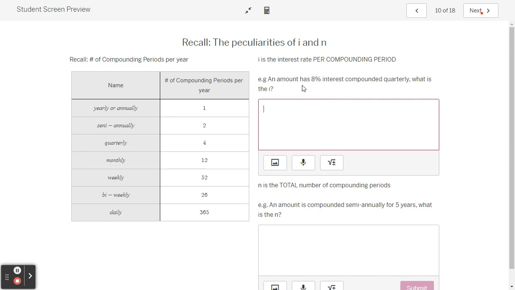If I have an amount of 8% interest per year compounded quarterly, my i would be 0.08 divided by 4, meaning that each compounding period in the year, I'm getting 2%. And since I've got four compounding periods in a year, 2 plus 2 plus 2 plus 2 gives me 8% in total by the end of the year.